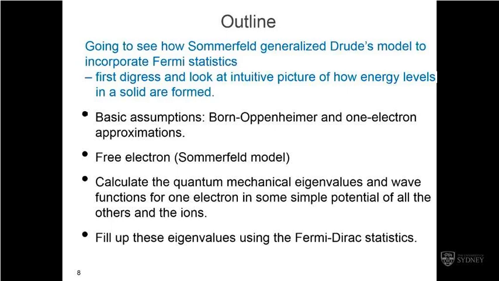Okay, so one important assumption here is a Born-Oppenheimer approximation, which I'll explain in the next slide probably. Some of you may know it from chemistry already. It's where we can decouple the electrons from the ions in your solid, because the electrons move really fast, and relative to the electron, the ion cores move very slowly. So we decouple them and describe them separately.